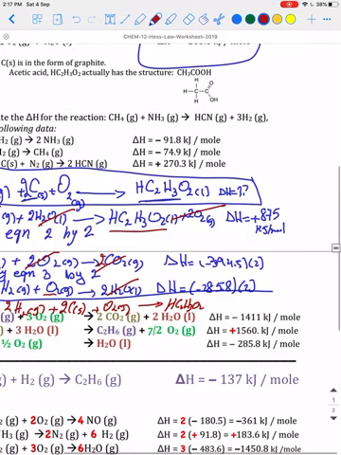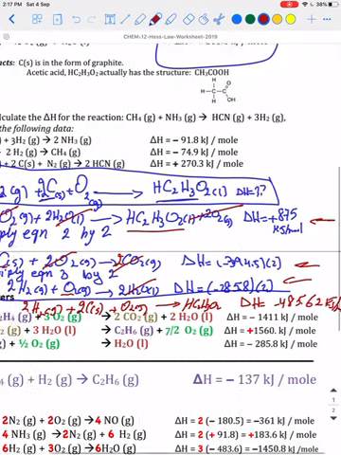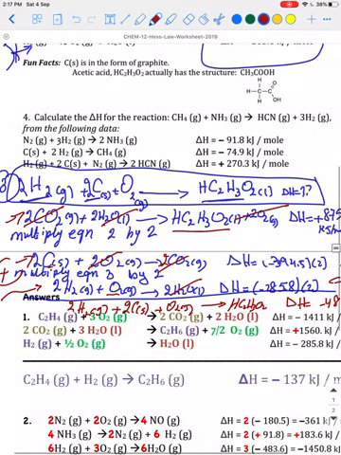So simply delta H for this is the summation of these delta H's. Upon adding these delta H's, the answer will be minus 485.62 kilojoule per mole. And like this, we solve according to Hess's law.